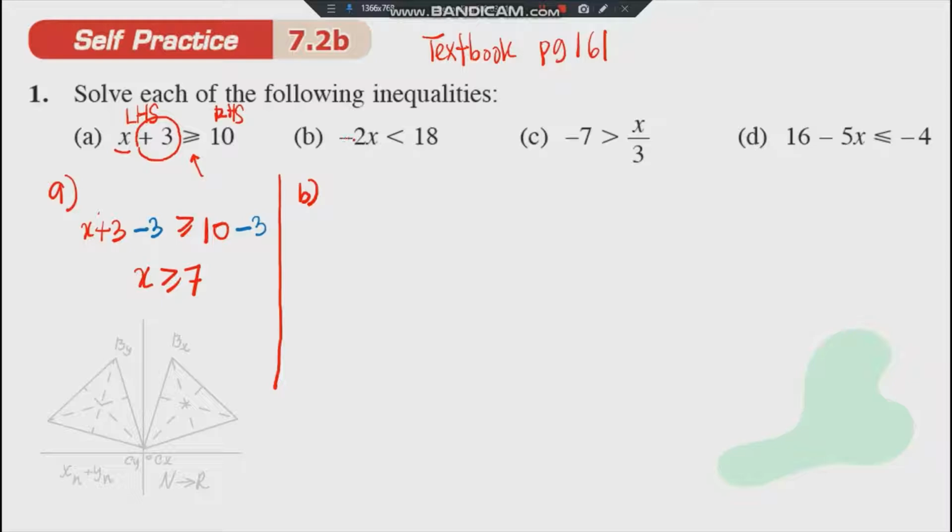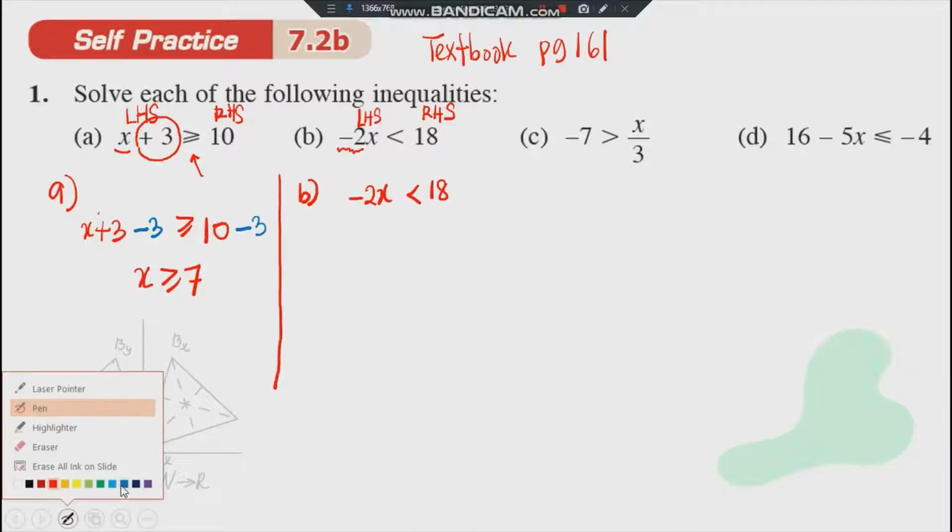Here we have negative 2x on your left hand side and positive 18 on your right hand side. So we want to get rid of negative 2 from your left hand side. How can we get rid of the negative 2?